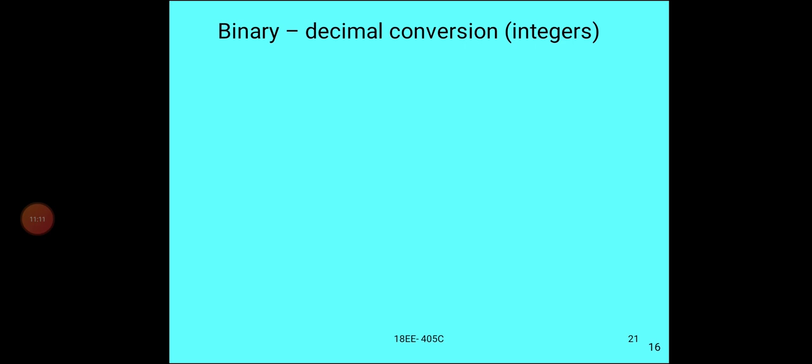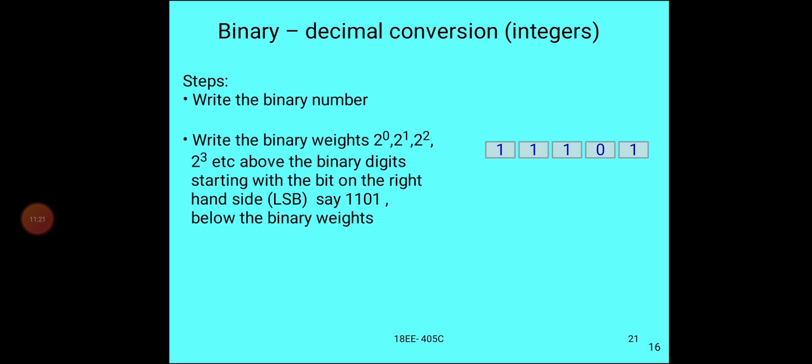Binary to decimal conversion of integers. Steps: write the binary number. Write binary weights, to the power of 0, to the power of 1, to the power of 2, to the power of 3, etc., above the binary digits, starting with the bit on the right-hand side, the LSB, say 11101.